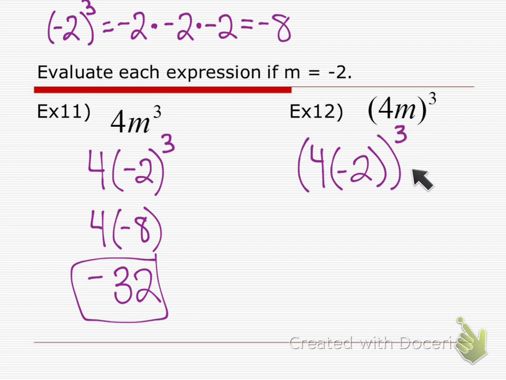Inside that big set of parentheses, what operation is happening? Multiplication. So order of operations says we start inside of parentheses. So we start by multiplying. 4 times negative 2 is negative 8.